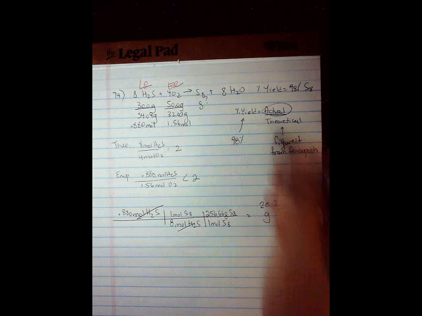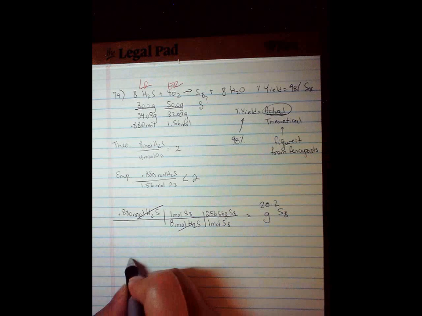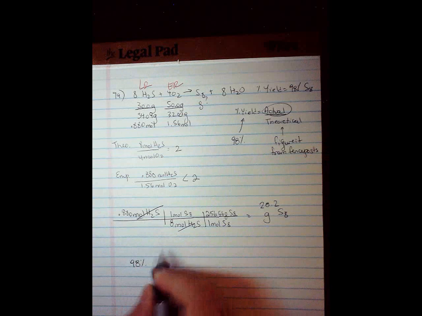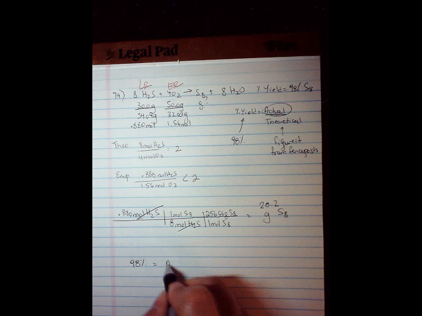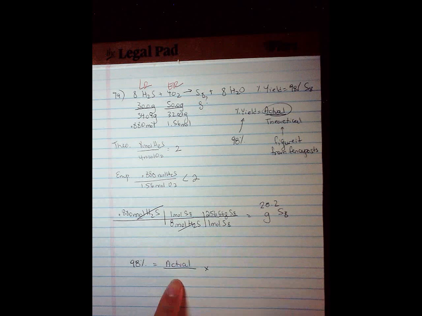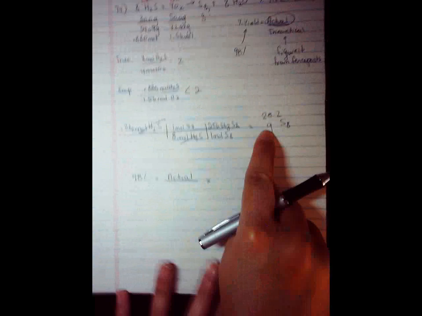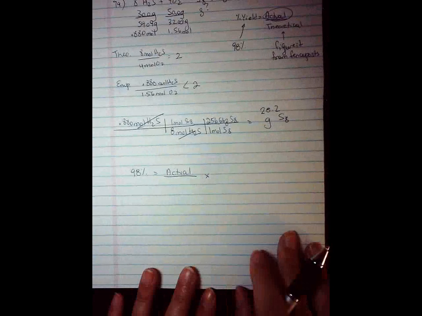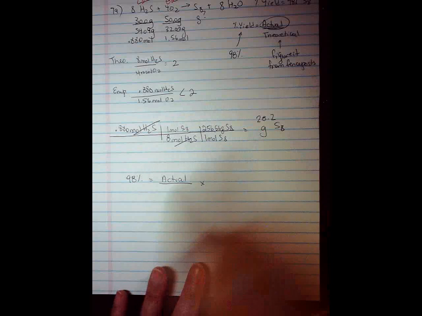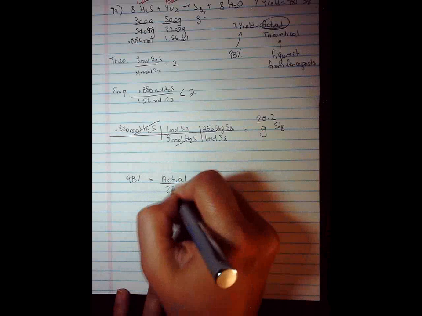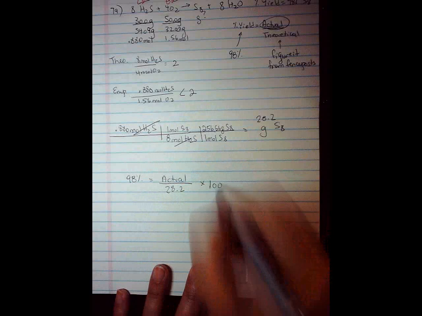All right? Okay, so now if my percent yield is 98%, and that's equal to my actual over my theoretical, which I now know is 28.2, right? So I'm going to substitute this in for this bottom number times 100, right?